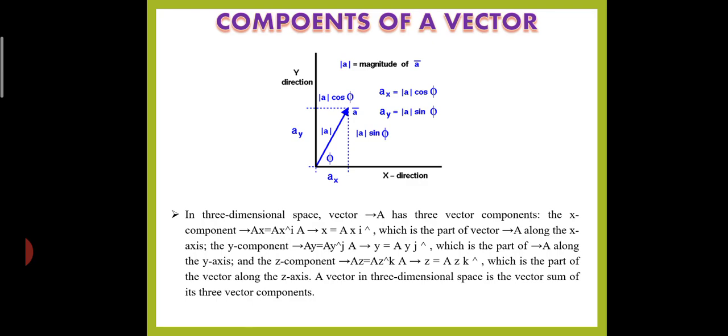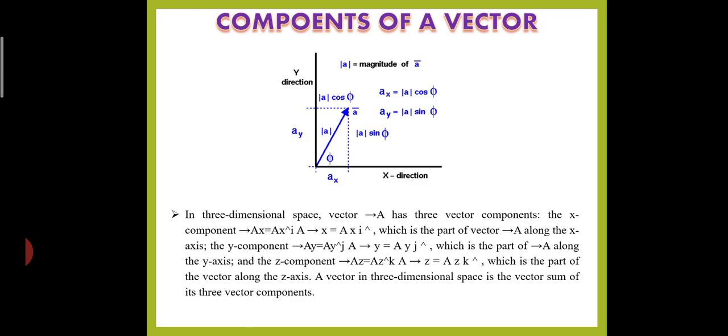The perpendicular side has magnitude a sin phi, and the other side has magnitude a cos phi. This is a parallelogram. So ax is equal to magnitude of a cos phi, and ay is equal to magnitude of a sin phi, where magnitude a is equal to magnitude of a bar.